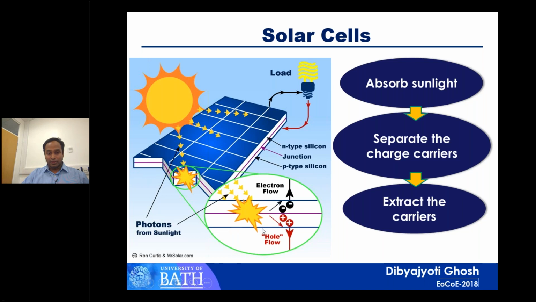Then it excites the electron from the valence band to the conduction band, so that is the separation of charge carriers. And then if you put a load outside in your circuit, you can extract that electron flow as your electricity. So as a whole, that is the extraction of carriers. These are the main 3 processes by which solar cells generally operate in a simplistic way.